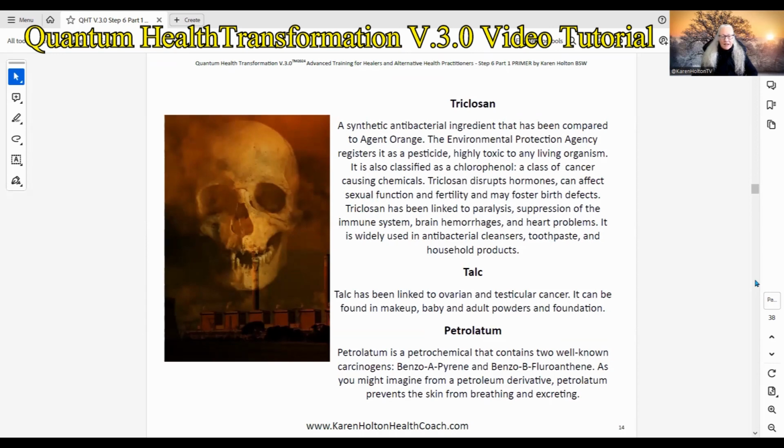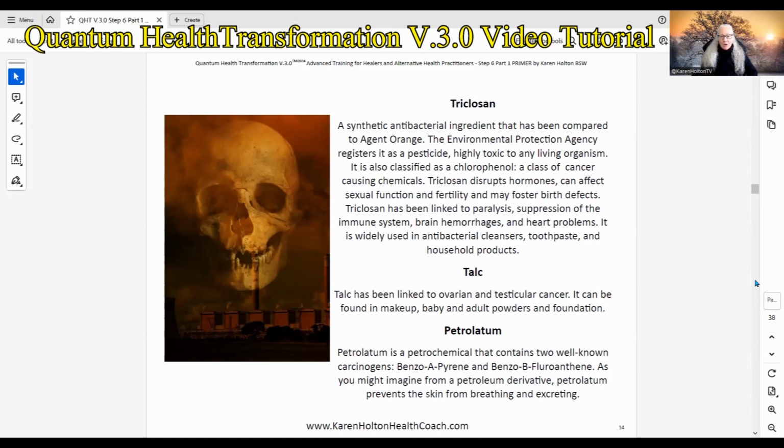Triclosan, a synthetic antibacterial ingredient that has been compared to Agent Orange. The Environmental Protection Agency registers it as a pesticide, highly toxic to any living organism. It is also classified as a chlorophenol, a class of cancer-causing chemicals.